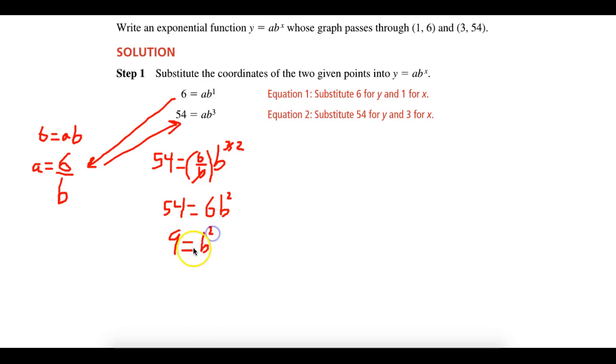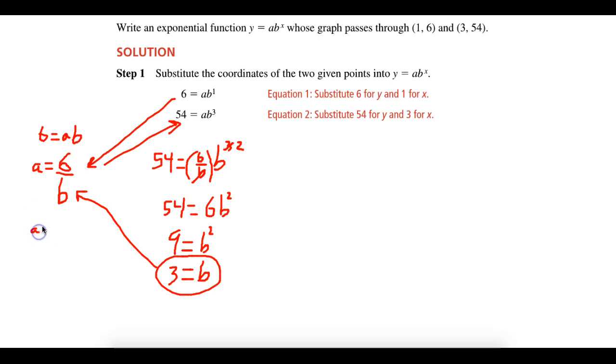And when we take the square root of both sides, we're just going to get 3. Now we're taking the positive square root because remember, our base is a positive number. That's why we're taking the positive. So we get 3 for b. Now, to find a, we take this and plug it back in here.